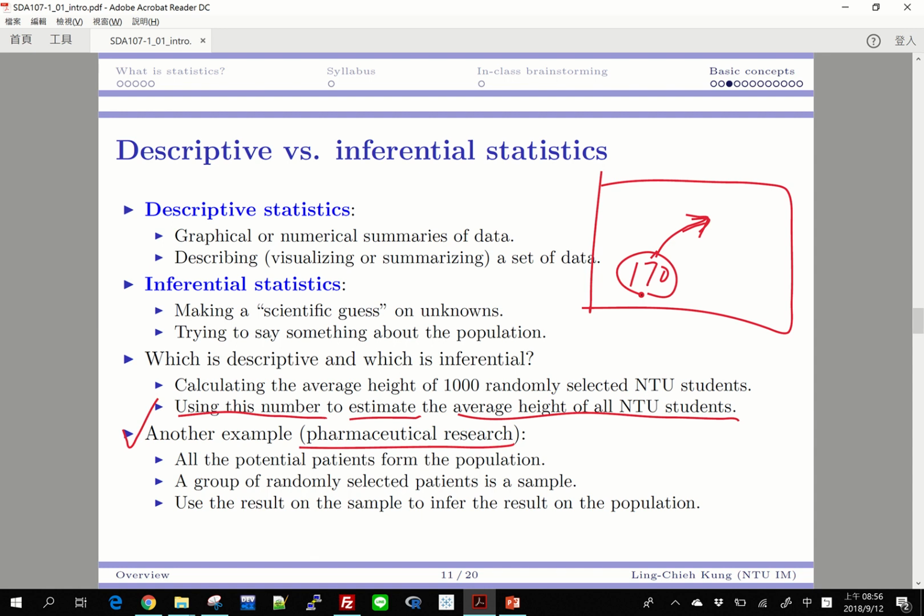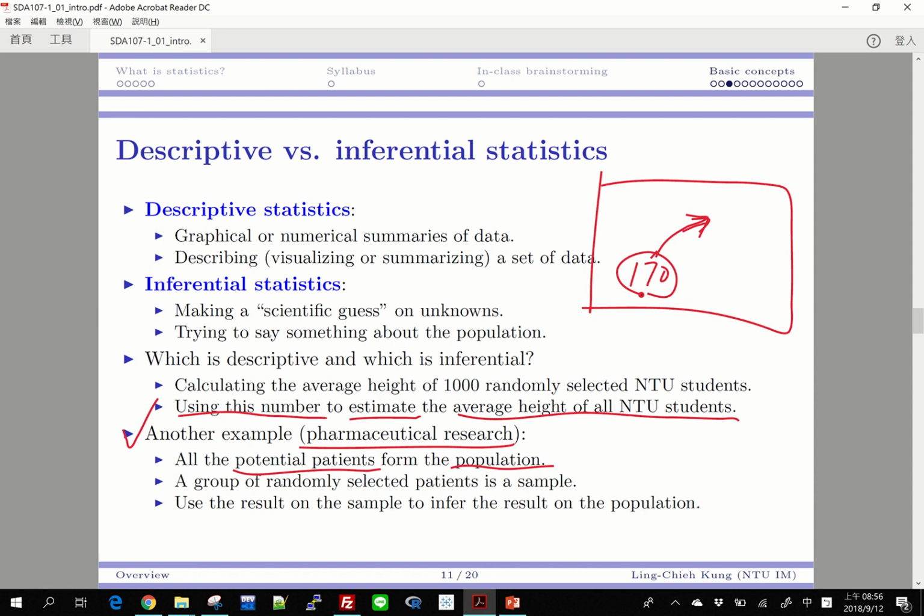So here is another example. Suppose I'm doing some kind of pharmaceutical research. Then the potential patients, all of them, would be my population. I want to understand if they take my medicine, then what will happen to them. I certainly cannot do a census because there are just too many potential patients and some of them will show up in the future. I have no way to access them.